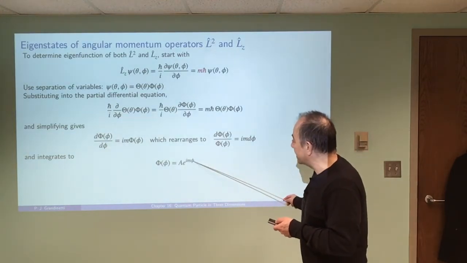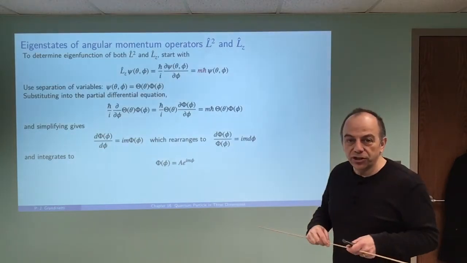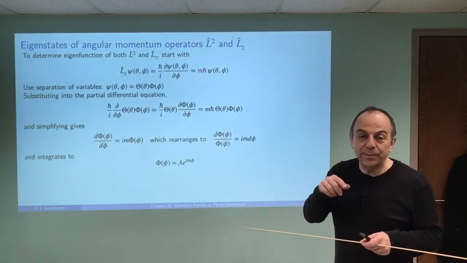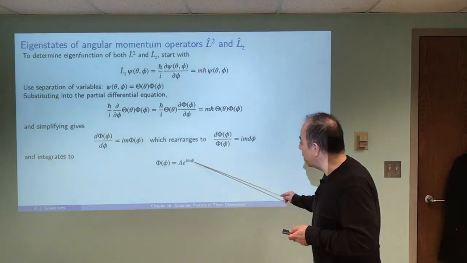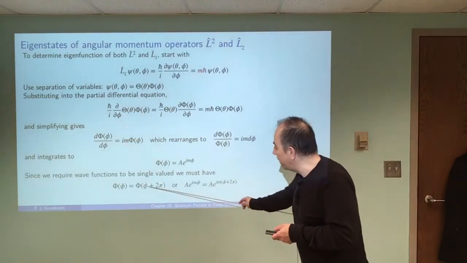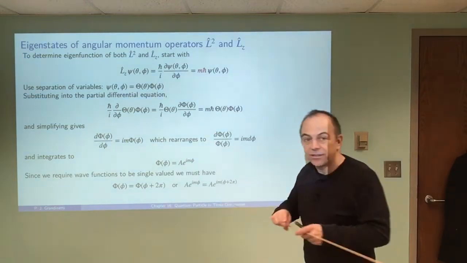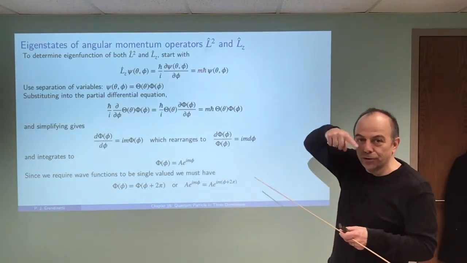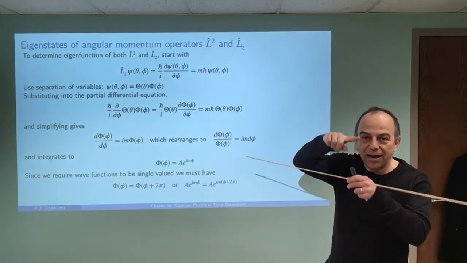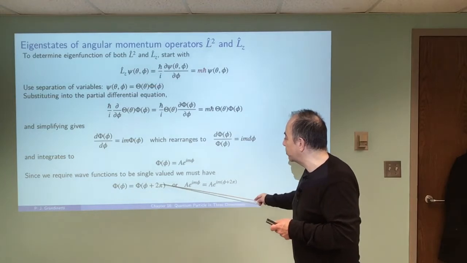What we can see is that we expect all of our wave functions not only to be continuous, but also to be single valued. If this is a function of phi, and phi goes around 2 pi, the function has to come back to the same value. As we go around in a circle, we shouldn't have some gap between the values of the wave function after going 2 pi.